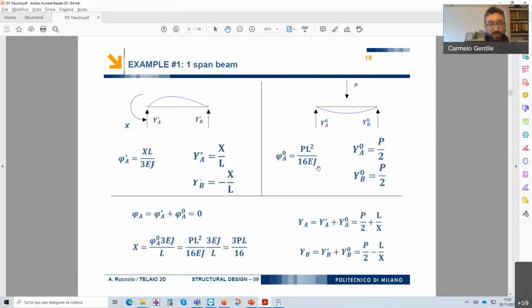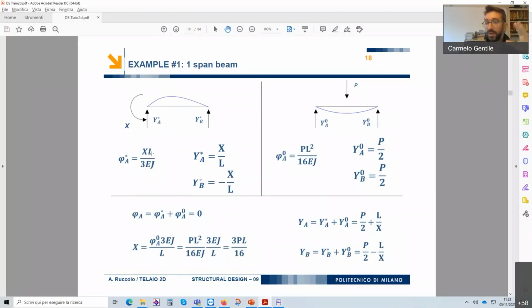Here, when we solve the compatibility equation in a structure, we impose this rotation plus this rotation equal to 0. So we have this equation which becomes this stuff.